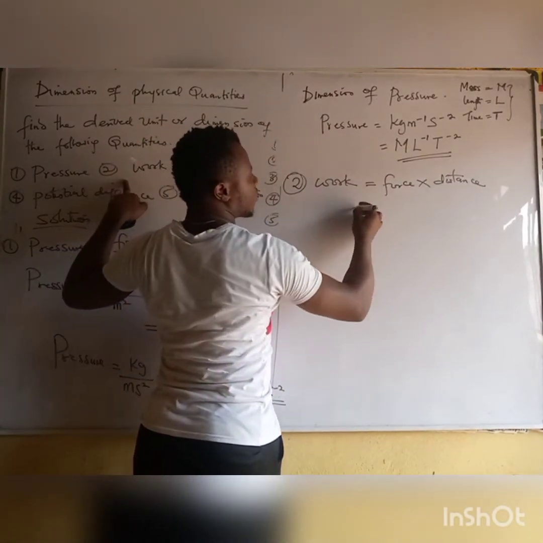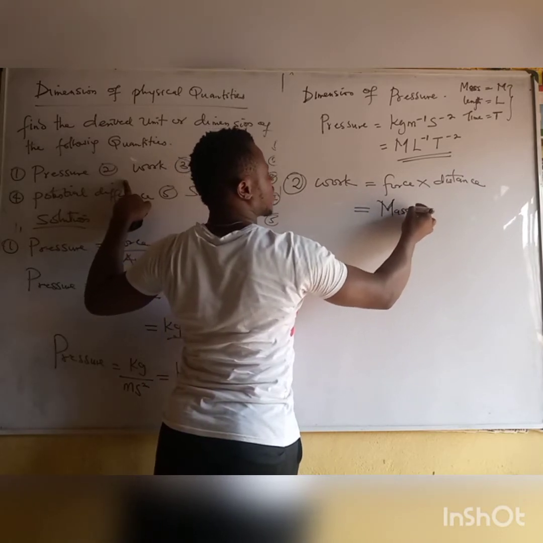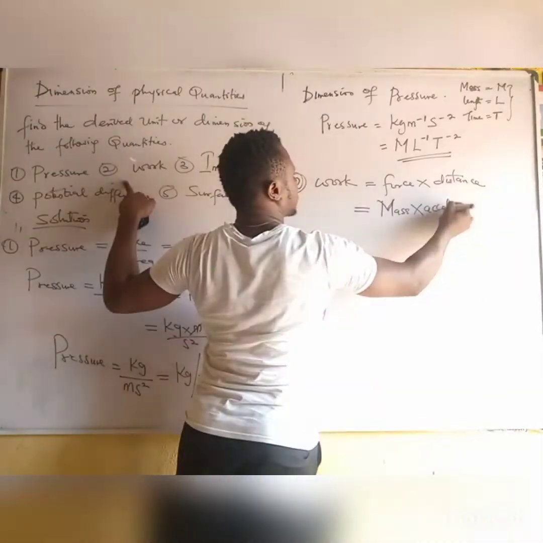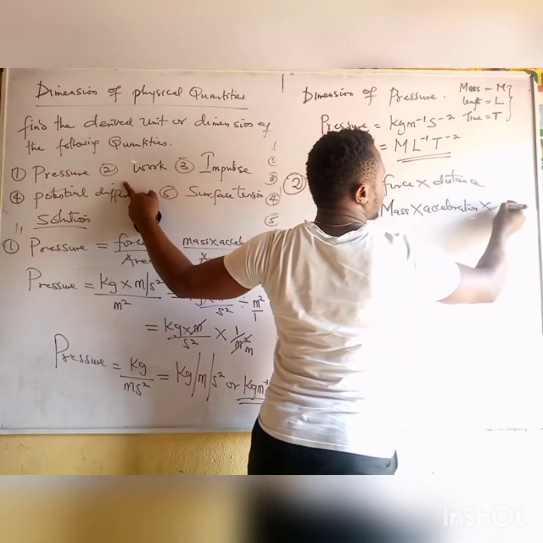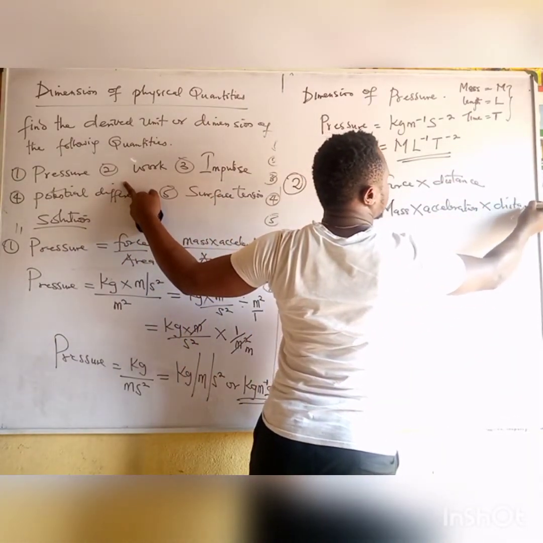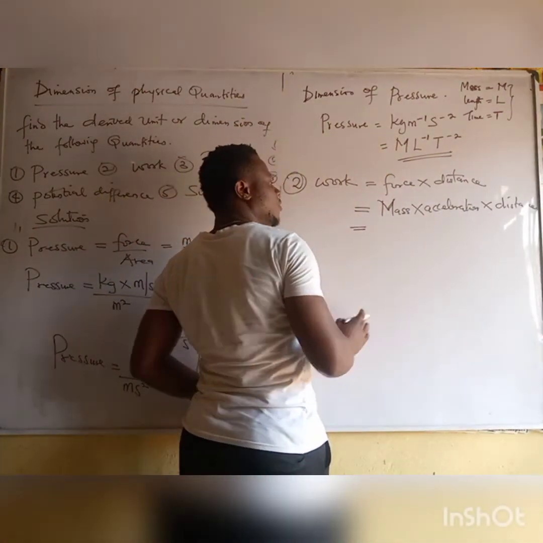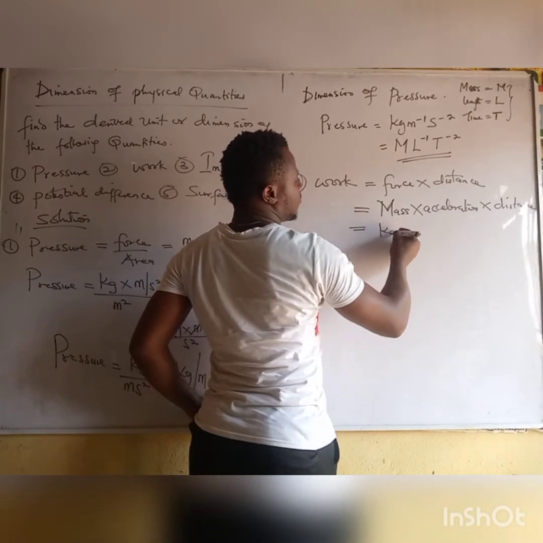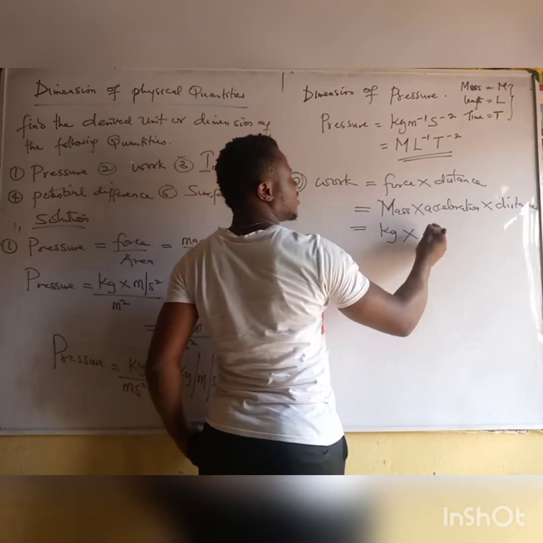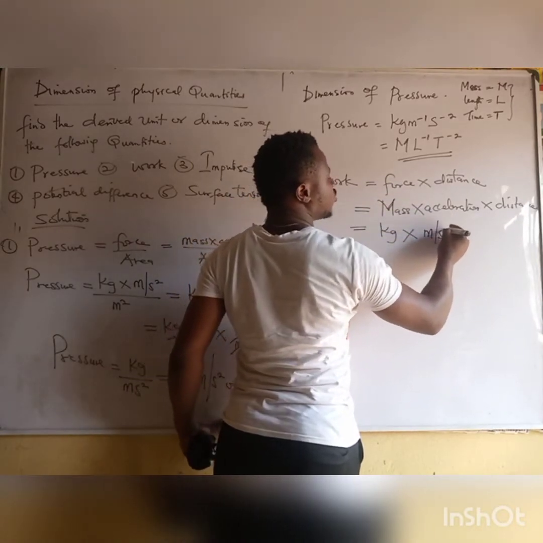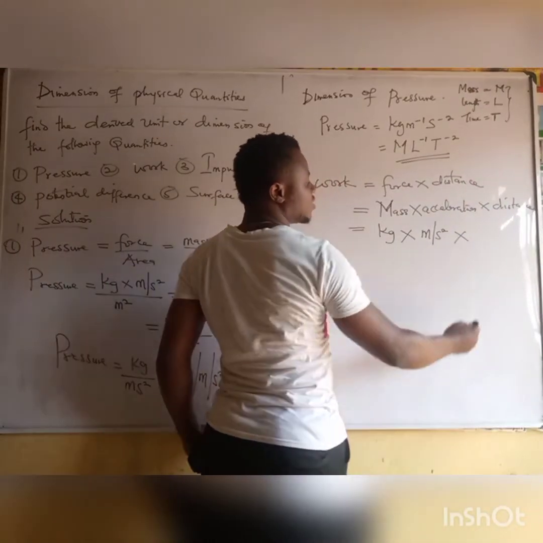Remember, force is equal to mass times acceleration, multiplied by the distance. So this is equal to the mass in kg, times the acceleration in meter per second square, times the distance, which is length, in meter.